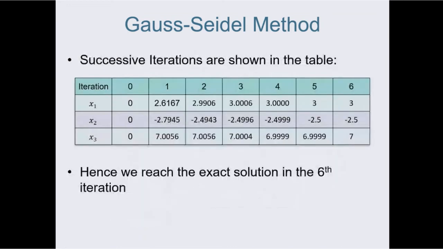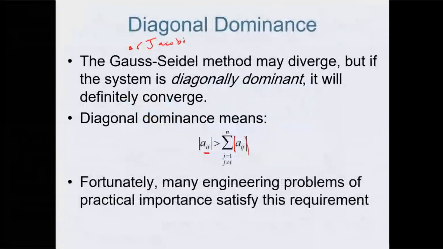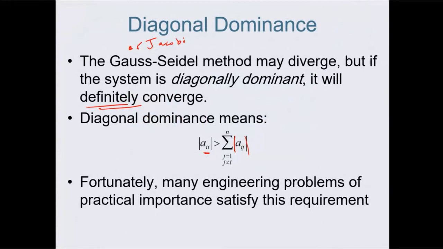And if a matrix is diagonally dominant, then it will definitely converge. If it is not diagonally dominant, it may diverge or it may converge. The chances that it will diverge is big, but it's not definite. But if it is diagonally dominant, it will definitely converge.